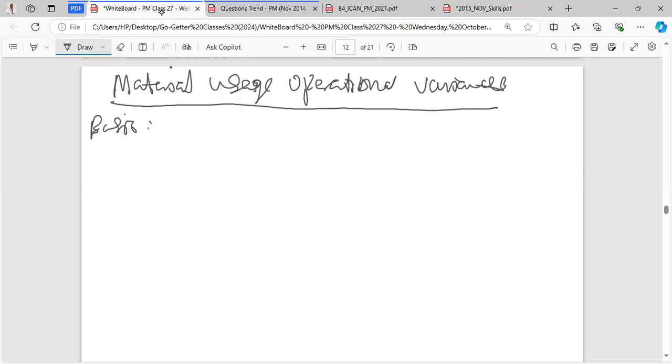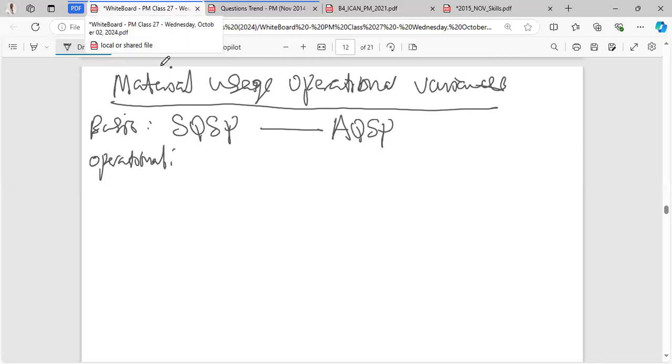It's going to be standard quantity, standard price minus actual quantity, standard price. That's operational. Operational is between revised standard and actuals.